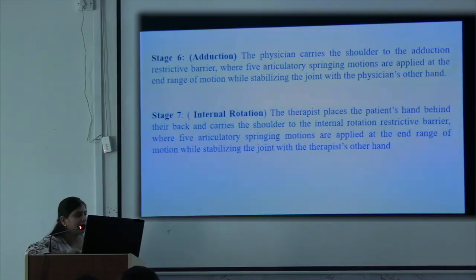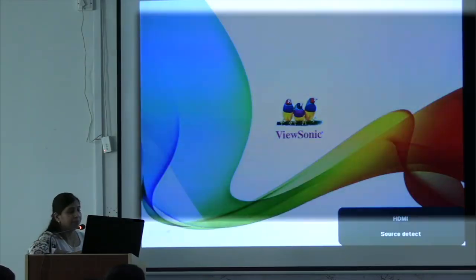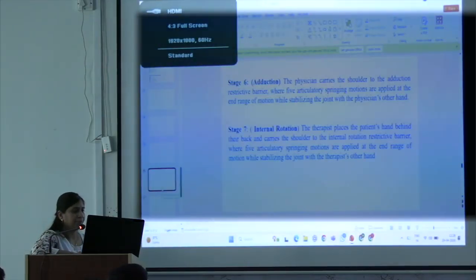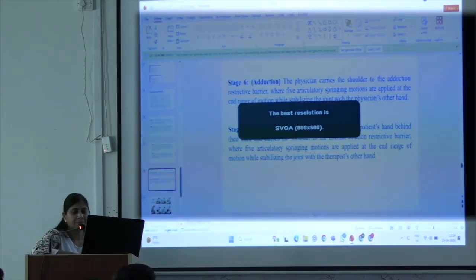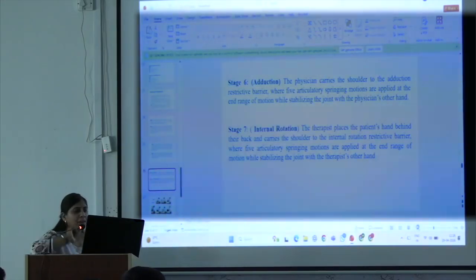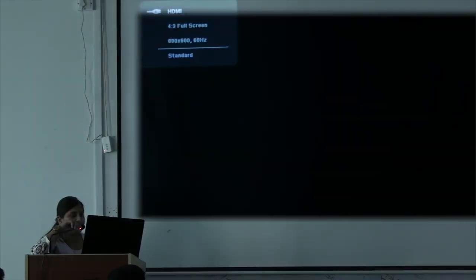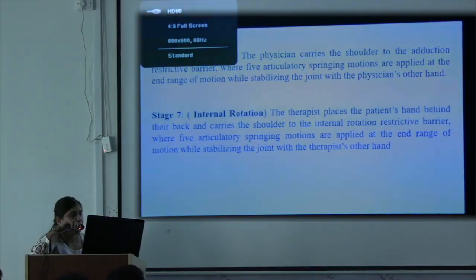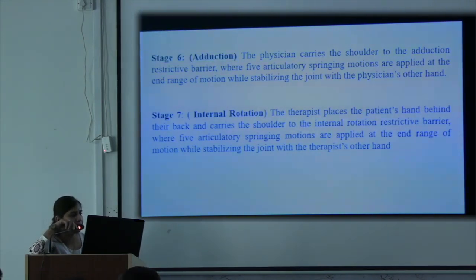Sixth is the adduction. The physiotherapist carries the shoulder to the adduction restricted area, where 5 oscillatory spring motions are applied at the end range of motion while stabilizing the shoulder with the physiotherapist's other hand.